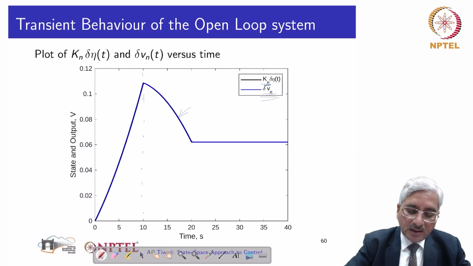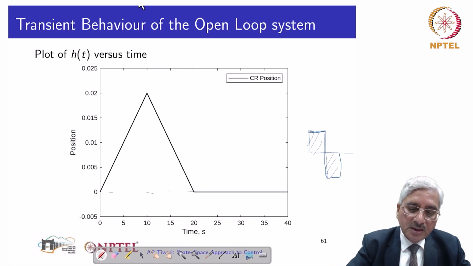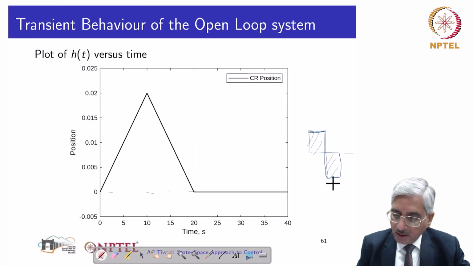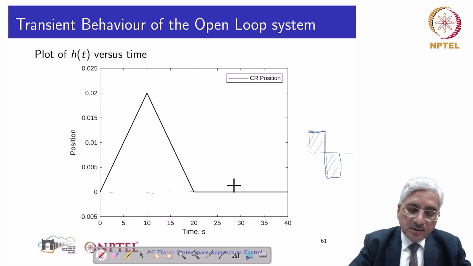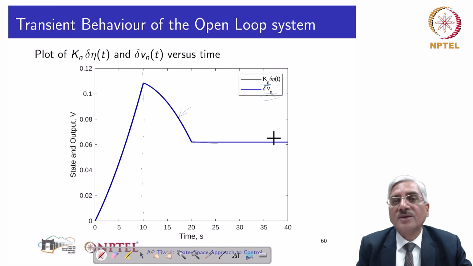As it is traveling in, reactivity is becoming not negative but reducing, so that gives rise to this profile, and subsequently the reactivity is 0, so neutron density becomes constant.